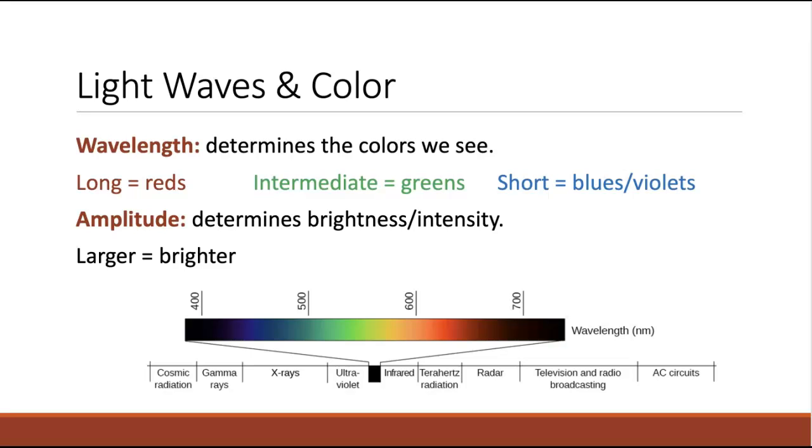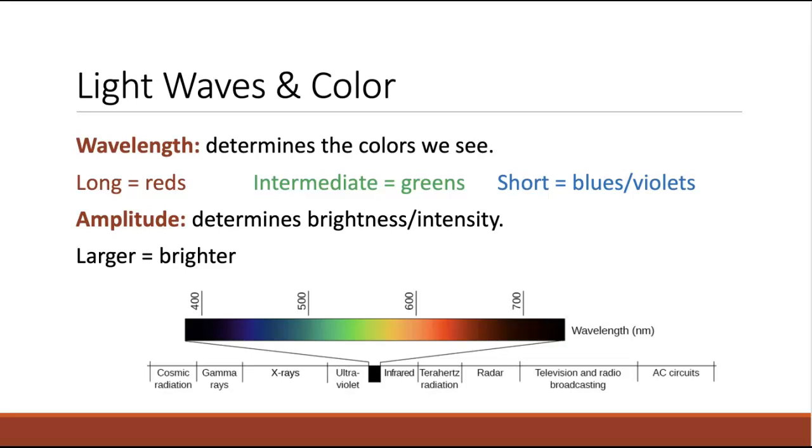But we also need to talk about how the various aspects of waves correspond to color. So the wavelength, remember that's the length between one peak to the next peak of a wave, that determines the color we see. So when we're looking at something red, the light waves bouncing off of that have longer wavelengths, and that's what allows us to see red.